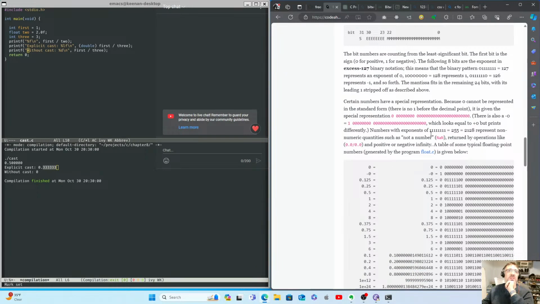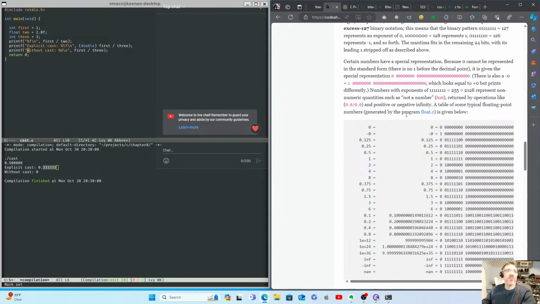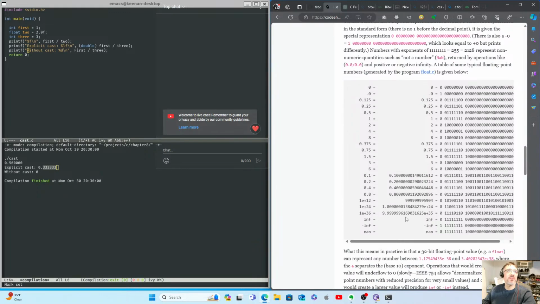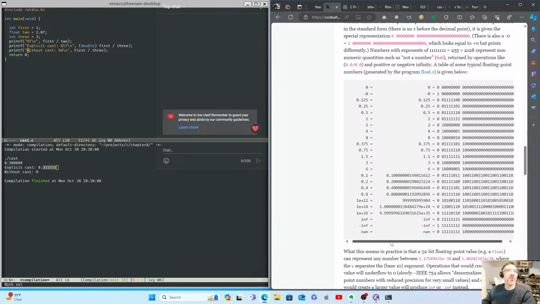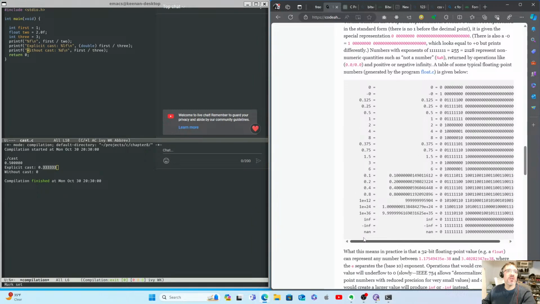Numbers with exponents of 1, 1, 1, 1, 1, 1, 1, 1 equals 255 represent non-numeric quantities such as not a number, returned by operations like 0 divided by 0, and positive or negative infinity. A table of some floating point numbers generated by the program float.c is given below.